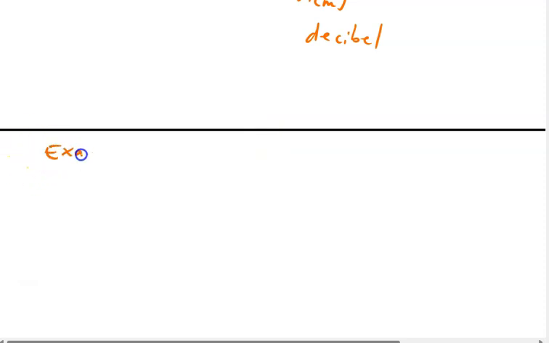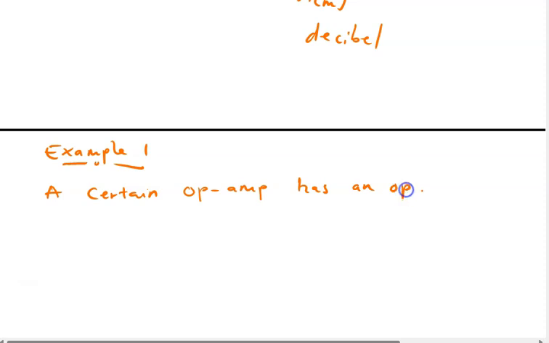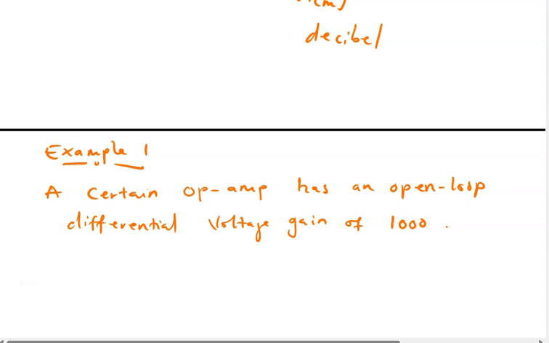Let's take a typical example. Example 1. The question says that a certain op amp has an open loop differential voltage gain of 1000 volts per millivolt, and a common mode gain of 0.4.